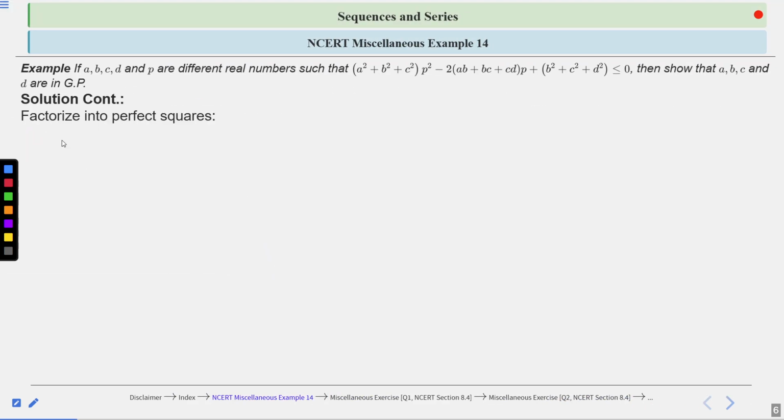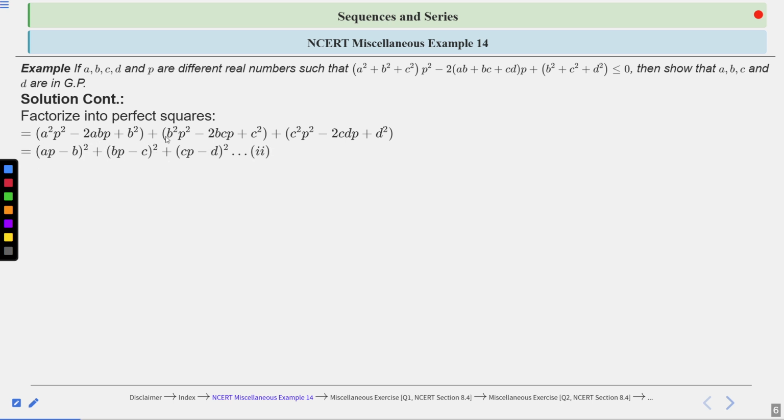Now factorize into perfect squares. This is equal to (a square p square minus 2abp plus b square) plus (b square p square minus 2bcp plus c square) plus (c square p square minus 2cdp plus d square).